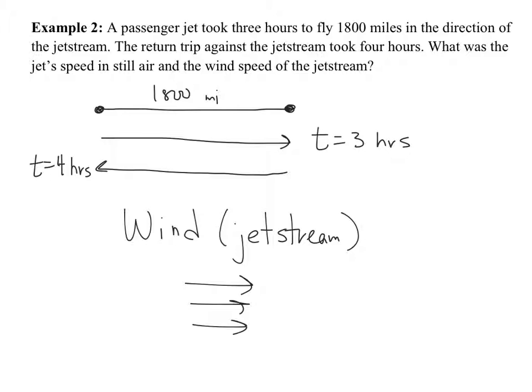When the wind acts against the jet, what would you do? So why don't you define X and Y? Yeah, exactly. Well, what should we do with those? R1 is this x plus y times these two, right? The plane is traveling, and the wind is helping.